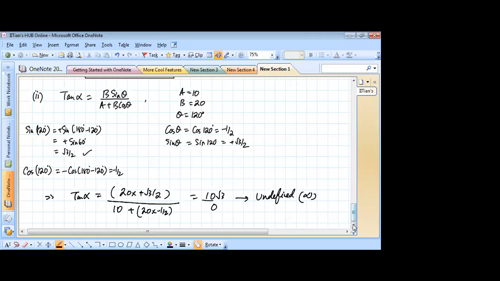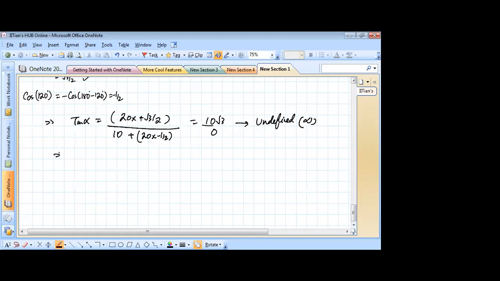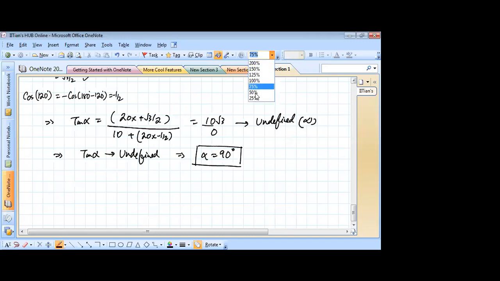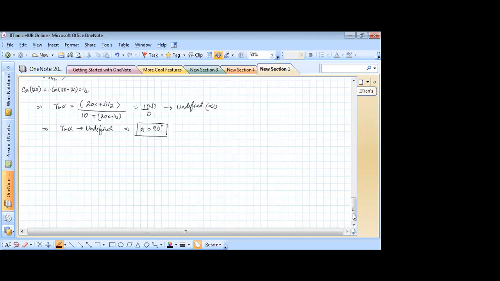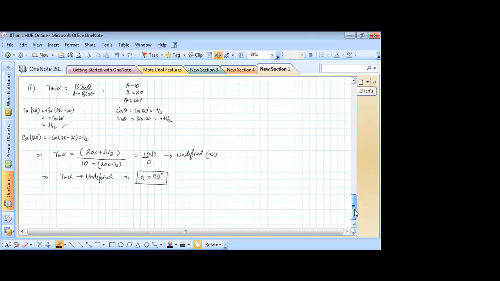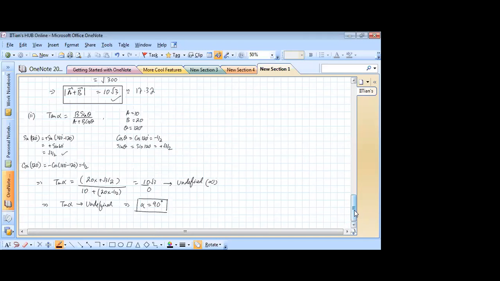Okay. So tan alpha is undefined, means that alpha is 90 degrees. Okay, so this is the full calculation of this.